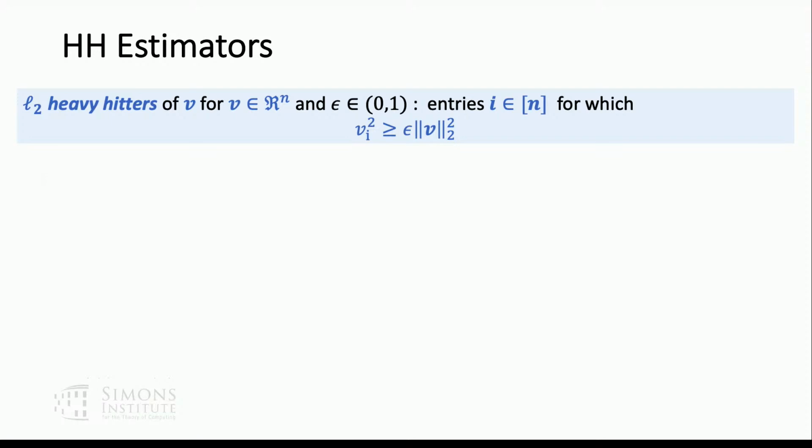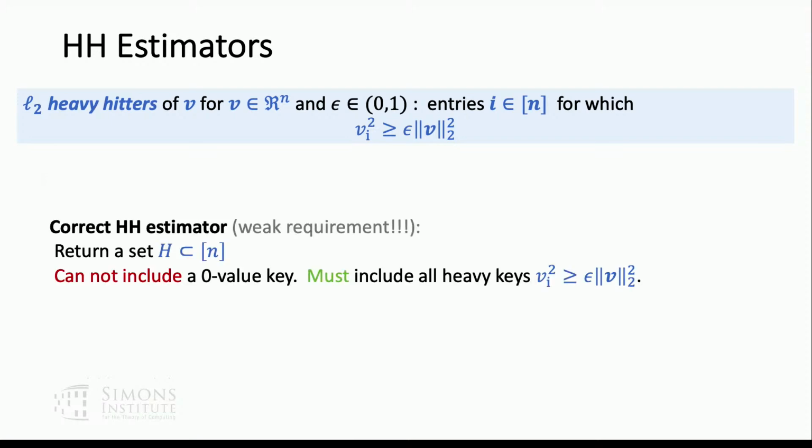Okay, I don't have much time to cover that. So what is a correct heavy hitter estimator? We made it as weak as possible for the sake of the attack, and we could still attack it. The requirement is that every key that has a 0 value cannot be returned. The estimator returns a subset of the keys, and if the value squared is more than an epsilon fraction of the L2 norm, it must be returned.